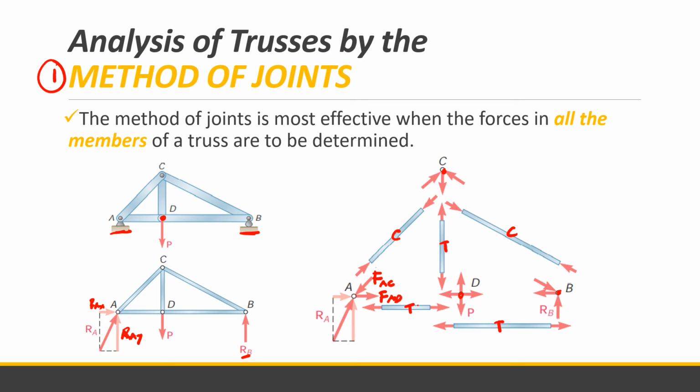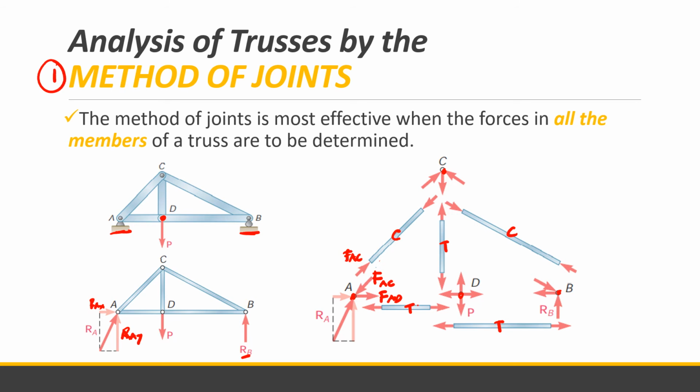Okay, so as we were discussing kanina, this is force AC, so this is also force AC but with opposite sense, no? So force AC is the force subjected to member AC. So ganun din sa ibang mga member. So yun yung method of joints. So we will move starting from the first joint to every joint to find the mga unknown forces, para mahanap natin lahat ng forces.